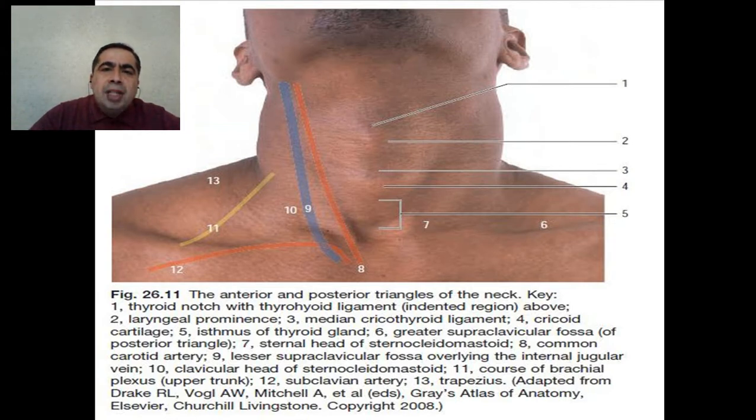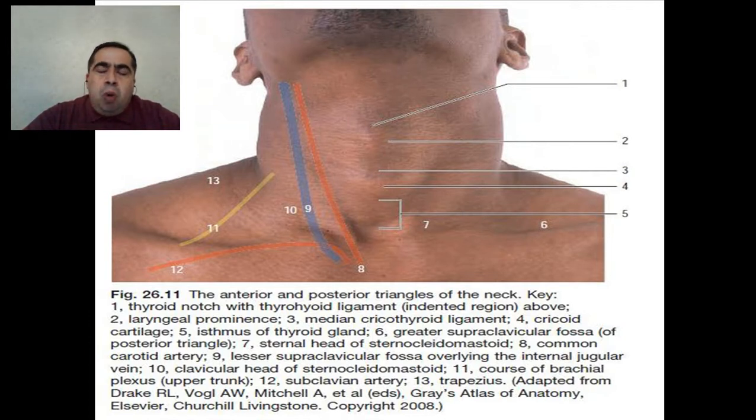The right one begins from the brachiocephalic trunk. It means their origination is different, but you as future surgeons must know the projection of these two common carotid arteries in the right side and in the left side.